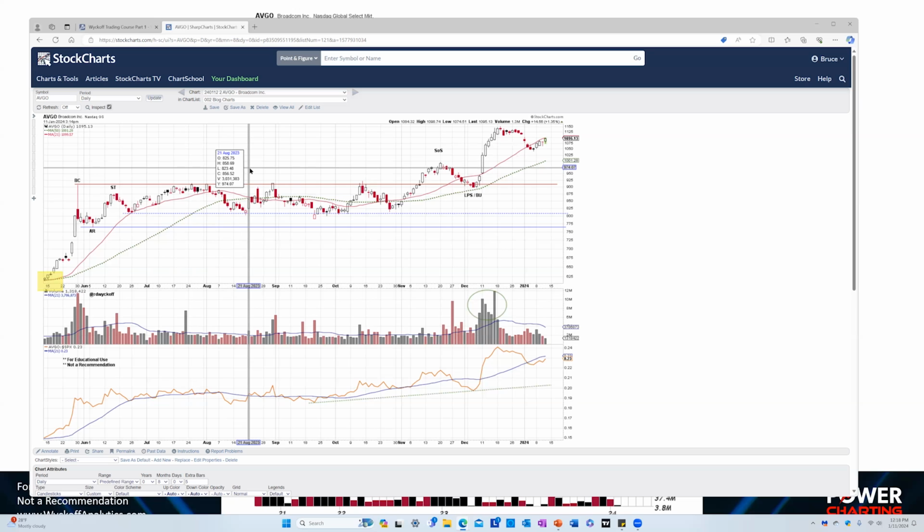Now, this bar is interesting because it is a close on the highs of the range, a narrow range day, which took out the lows from June, and the volume was low, which shows that there was an attempt to take prices down that failed.